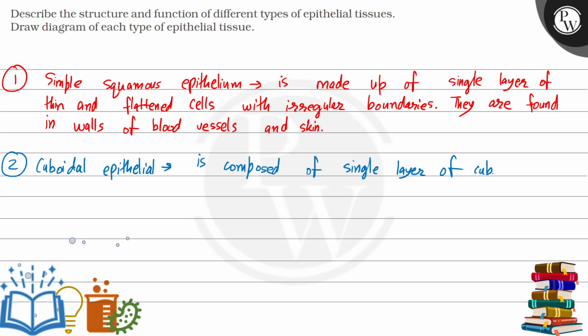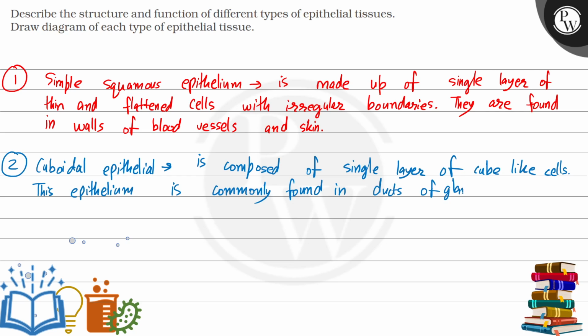This epithelium is commonly found in ducts of gland and its main function are secretion and absorption.